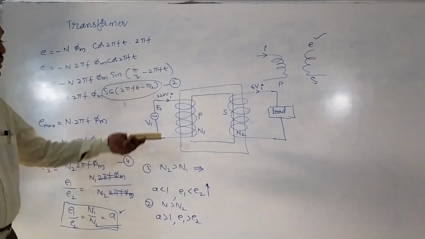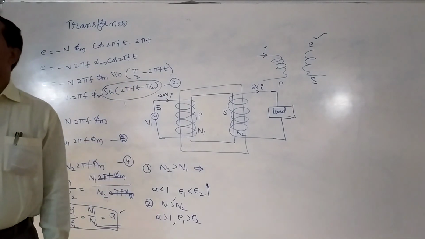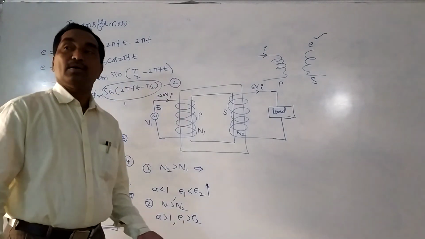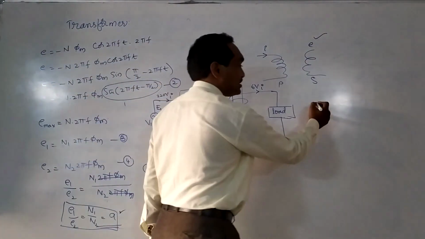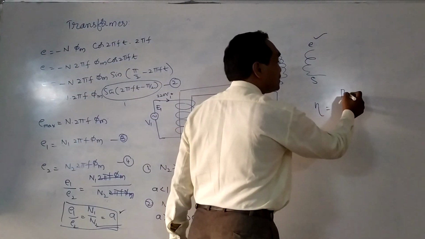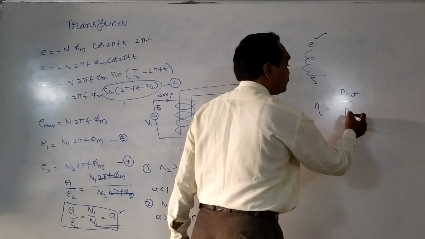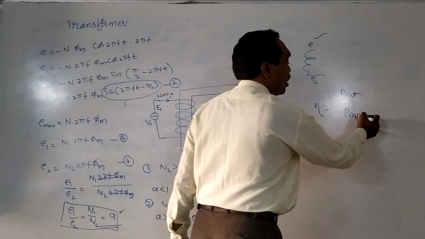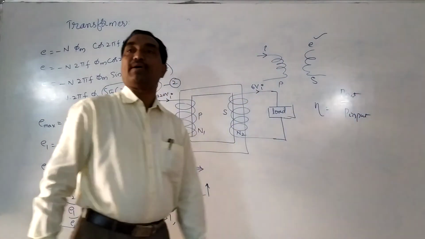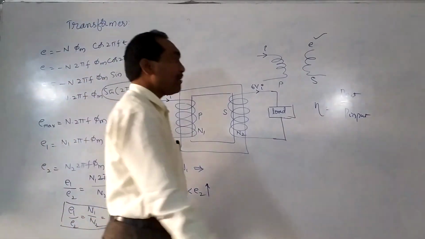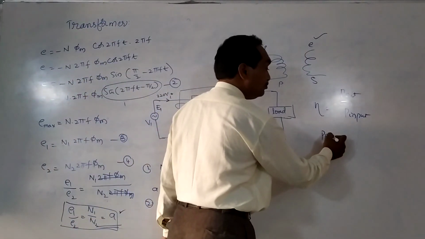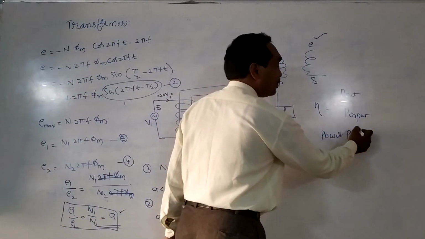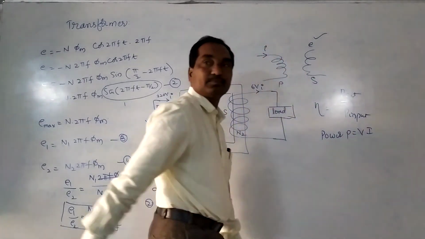So what is the efficiency of this transformer? Already we know that efficiency is equal to output power to the input power. We know power P is equal to voltage into current.